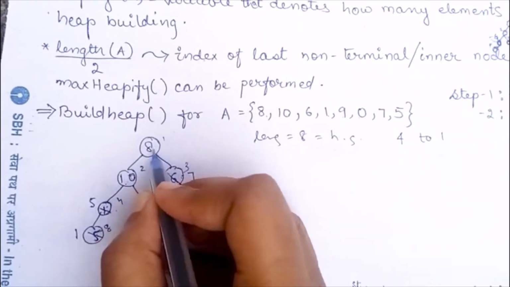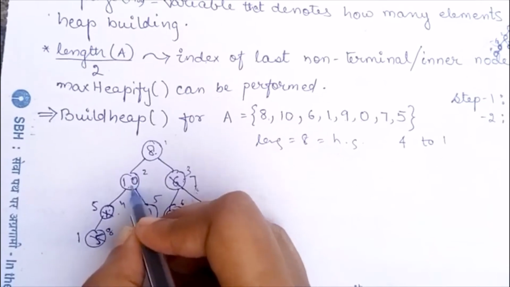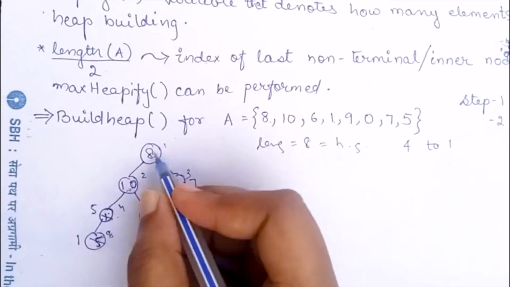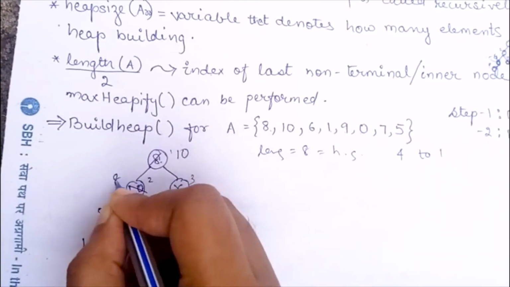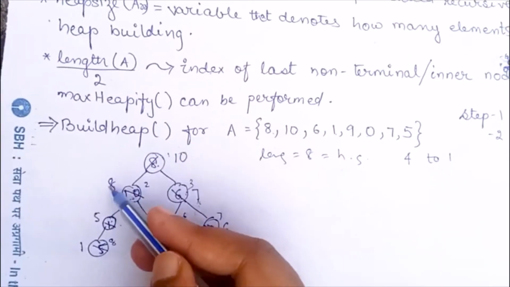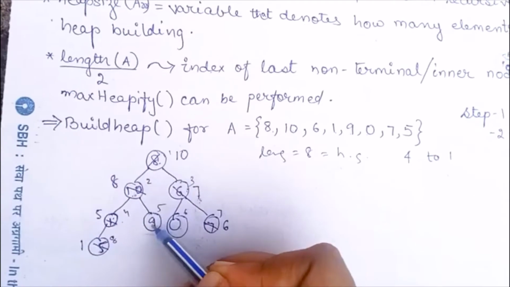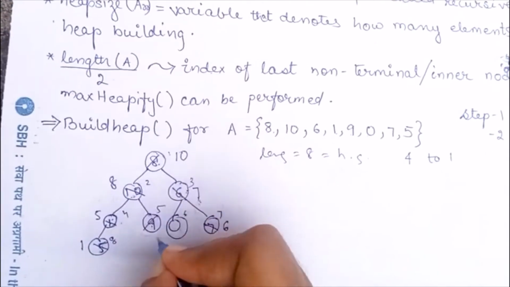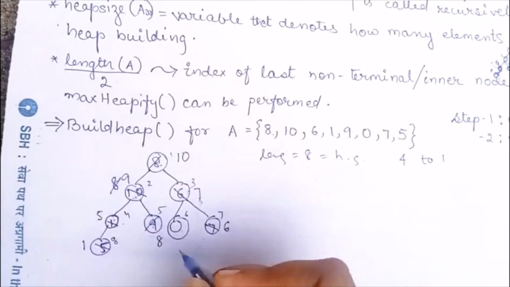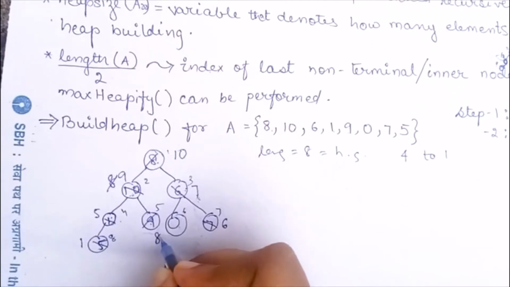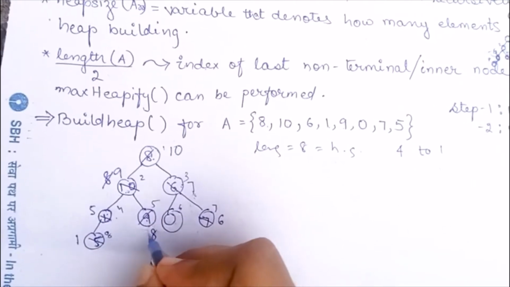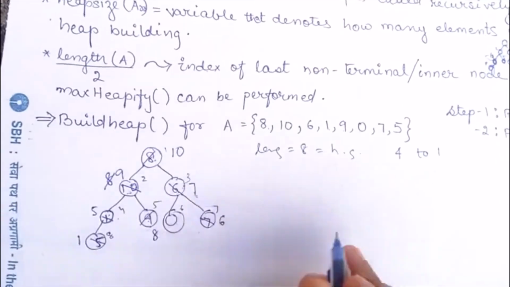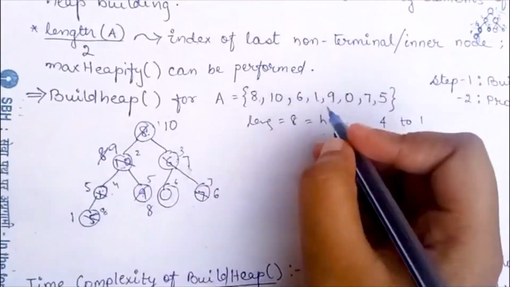Then its previous node 8. Here we have to perform this. This is greater than this, therefore this is 10, this is 8. We have to max heapify here, but 9 is greater than 8, therefore this is 8 and this is 9. After this it has no children, therefore we do not have to do anything. This is the final max heap.